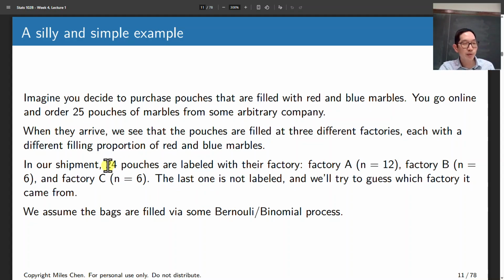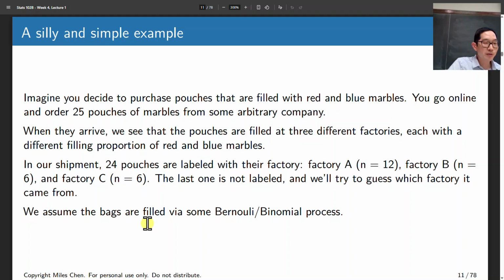and then we're going to try to figure out the last one that's not labeled. Of the 24 that are labeled, 12 of them came from factory A, 6 of them came from factory B, and 6 of them came from factory C. So half of our bags came from factory A, a quarter from factory B, and a quarter from factory C. So 6 out of 24.